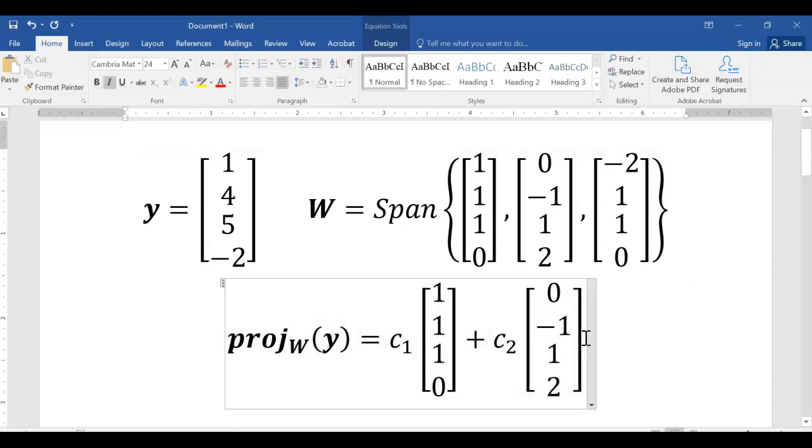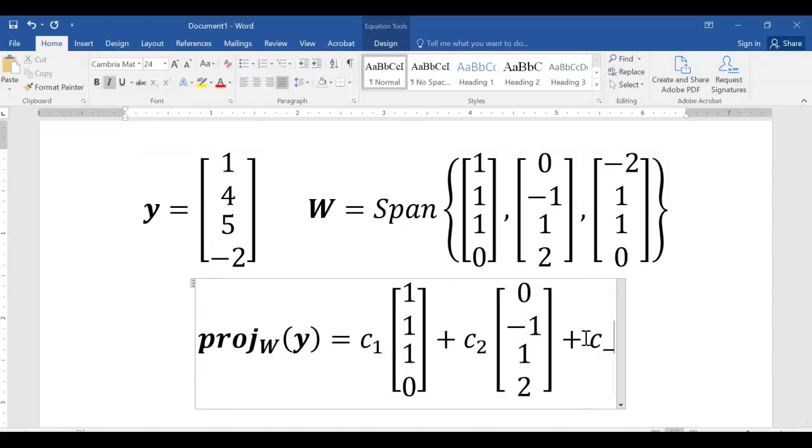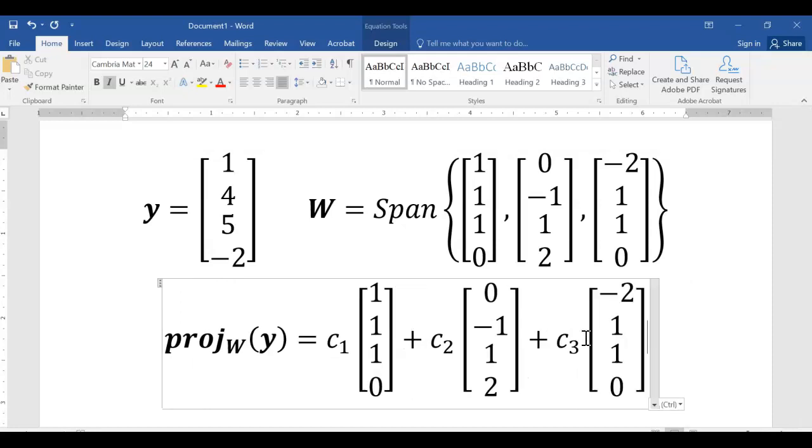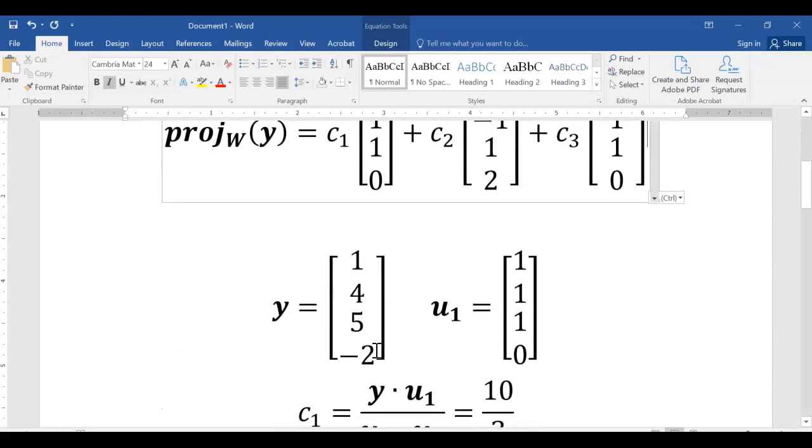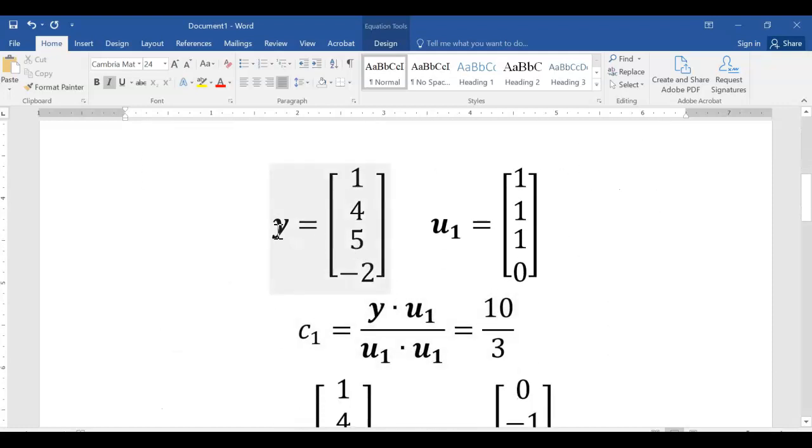But all I have to do is add a third component. Now notice that the coefficient of 1, 1, 1 is not going to change. It's still obtained by taking the inner product of y and u1 divided by the inner product of u1 with itself.